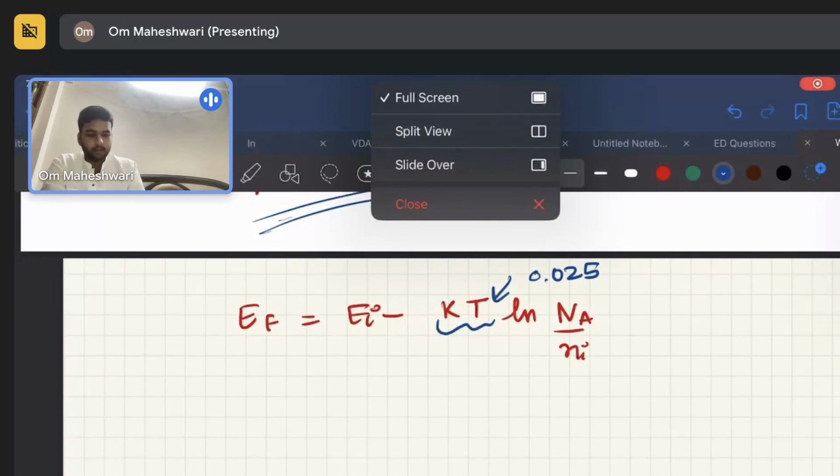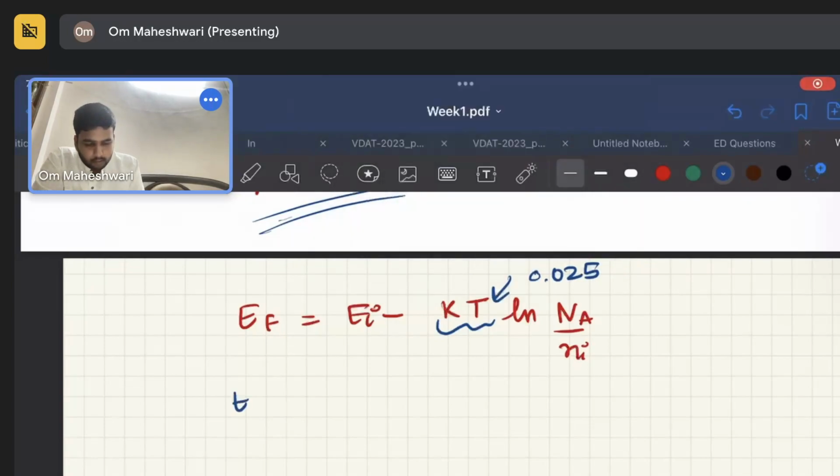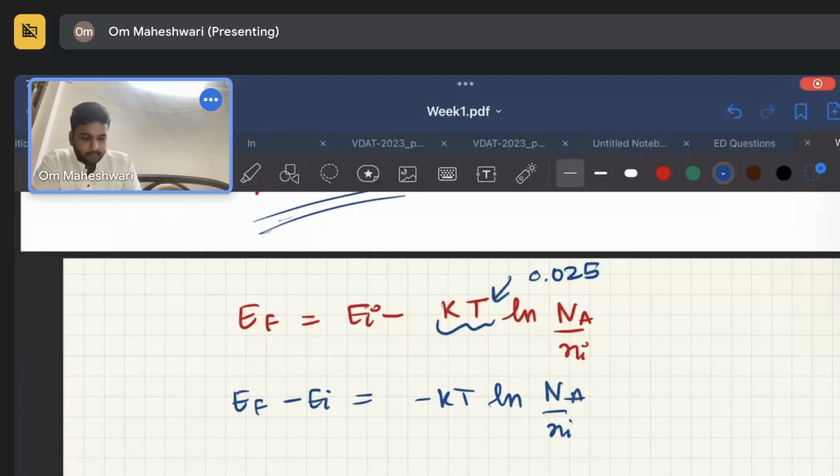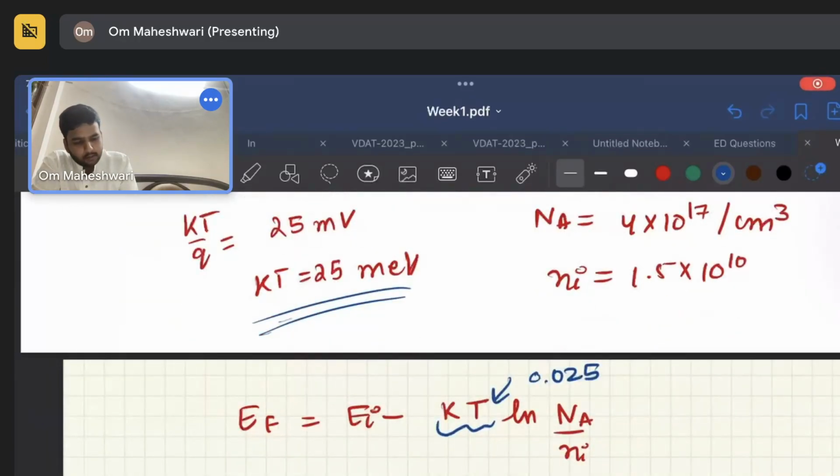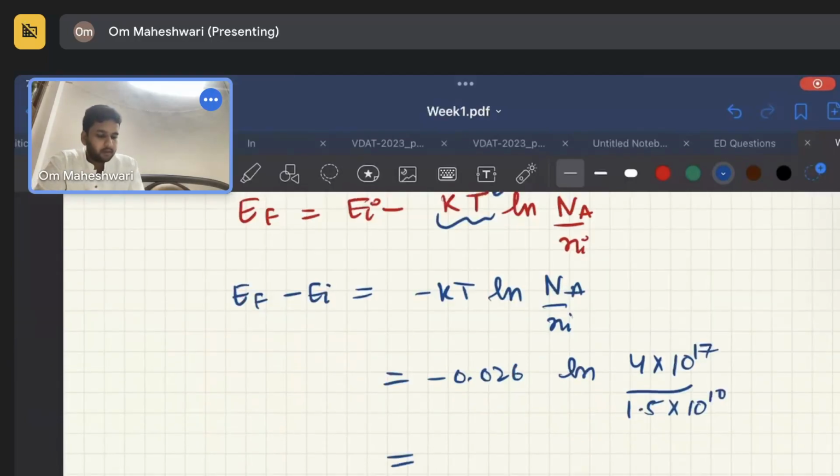Okay, so let us try to solve it. EF minus EI equals minus KT ln NA by NI, which is 0.026 ln of NA, 4 into 10 to the power 17, divided by 1.5 into 10 to the power 10. So this is minus 0.427 electron volts, EF minus EI.